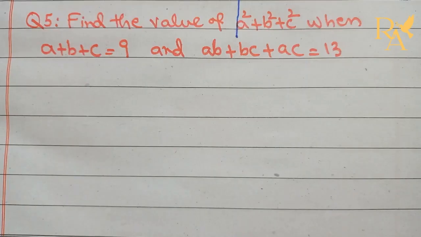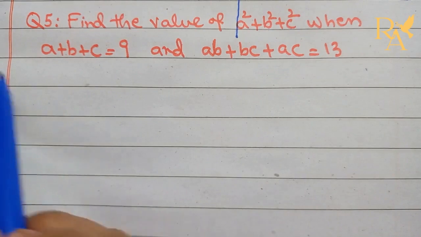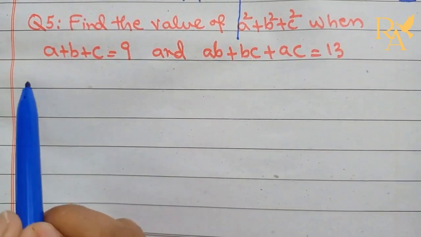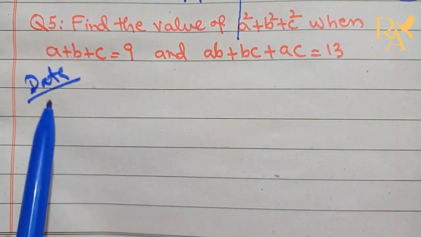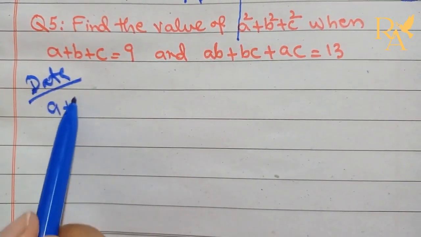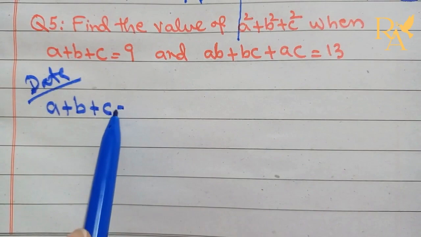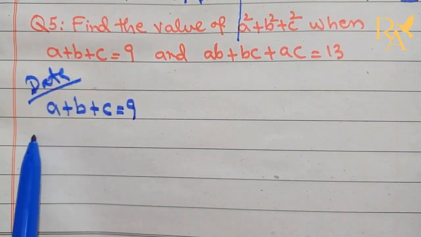Now we are going to solve another problem. In this we have to find the value of A square plus B square plus C square. Now what is given in this problem? A plus B plus C is 9.